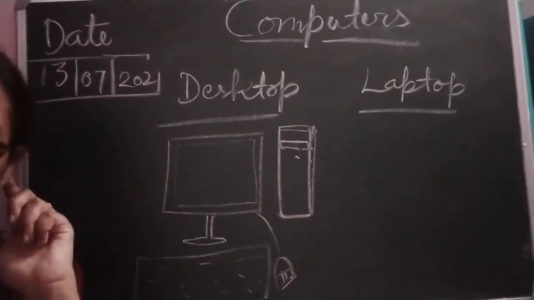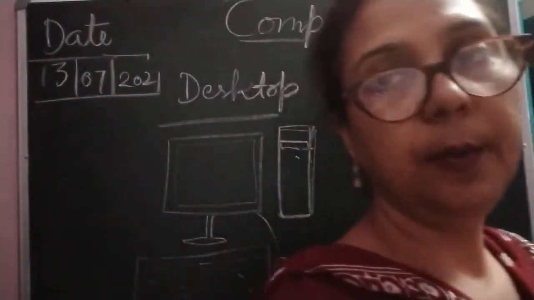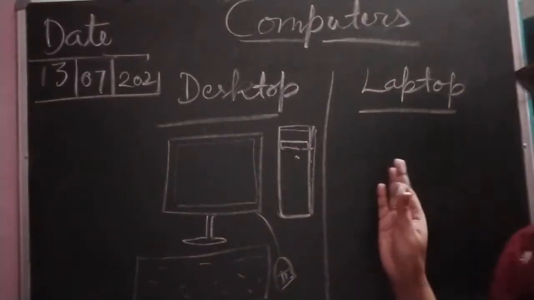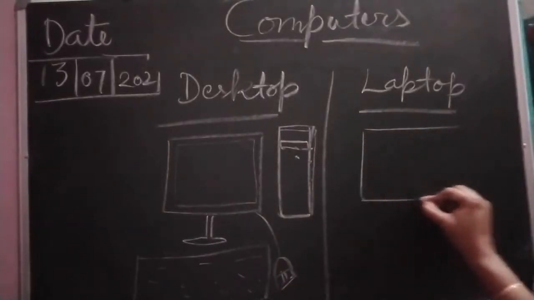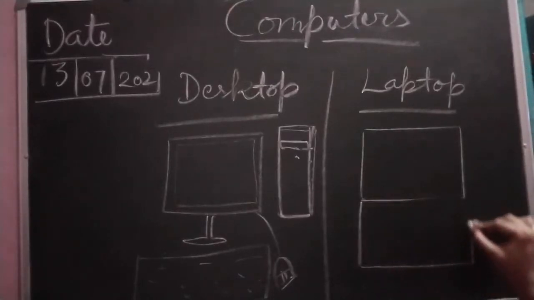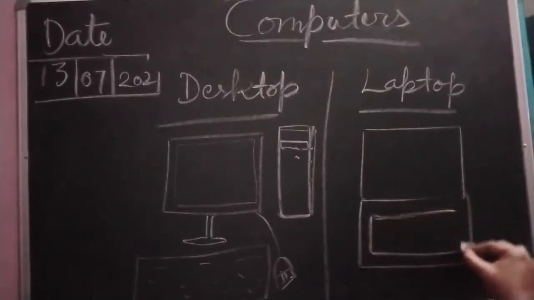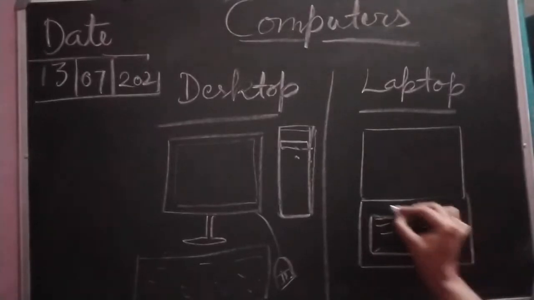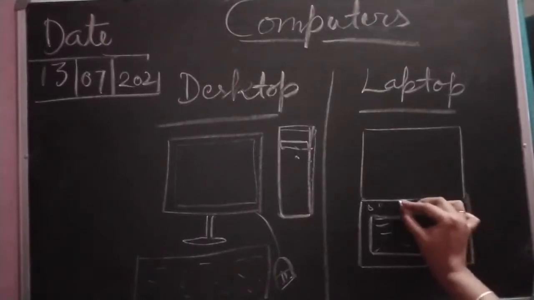Okay. But children, if we look at a different type of computer, we will see the laptop. The next type of computer is the laptop. A laptop is simple, having a screen and the other part which is attached with this monitor, that is the keypad, and here some buttons you can start, and here the touch screen.